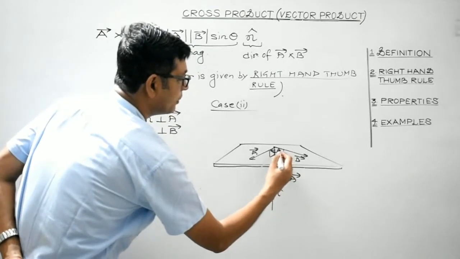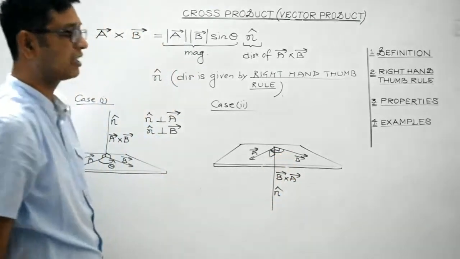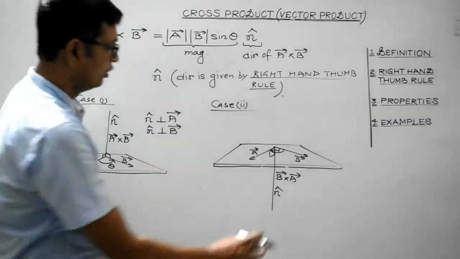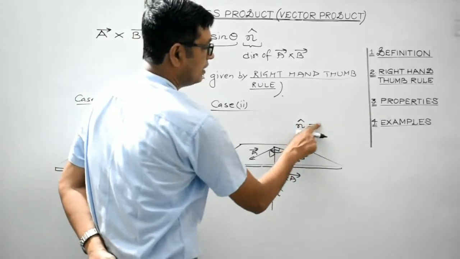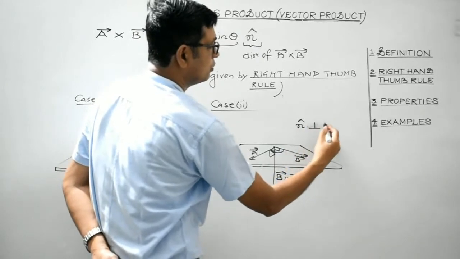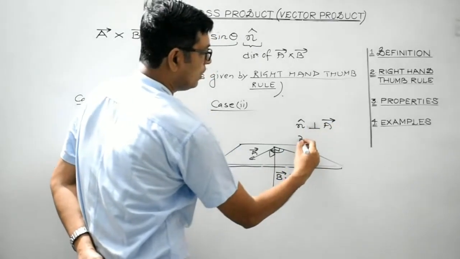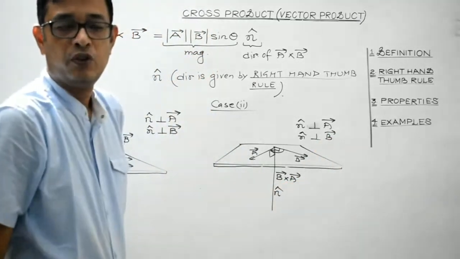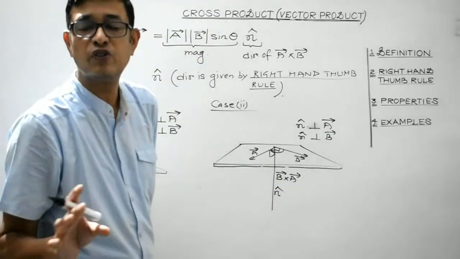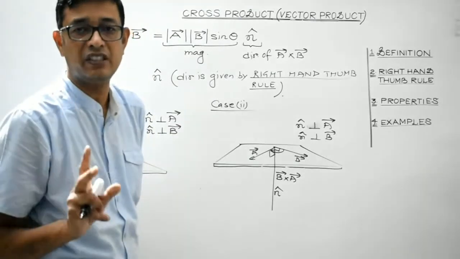Again, it is perpendicular to the plane containing both A vector as well as B vector. So here also the direction n cap is perpendicular to both A vector as well as B vector. So whatever be the orientation of the angle, one thing is pretty evident.